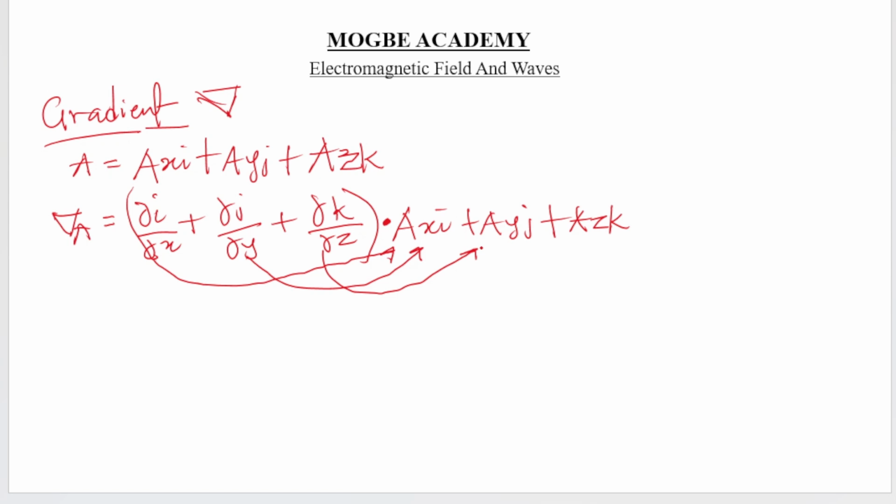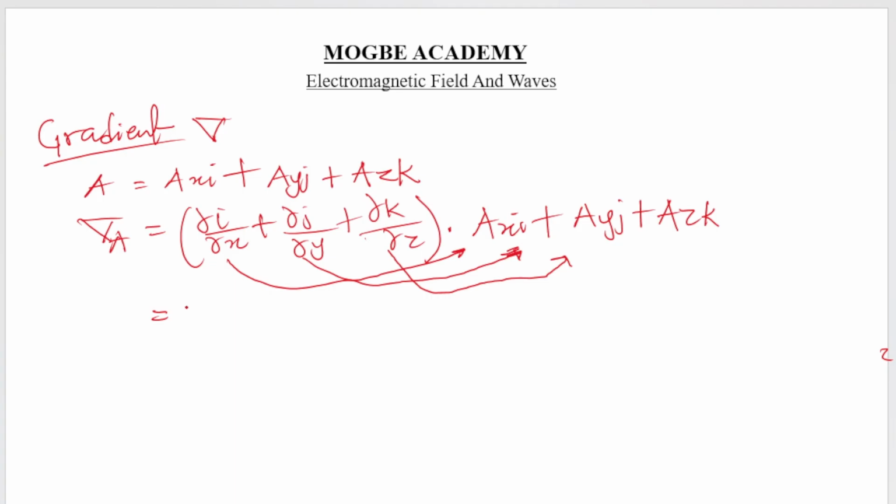Now, if we apply that concept, we'll have our gradient, let's use partial i, partial x to expand. That will simply give us partial AX i dot i divided by partial x, plus, go over to the next parameter.